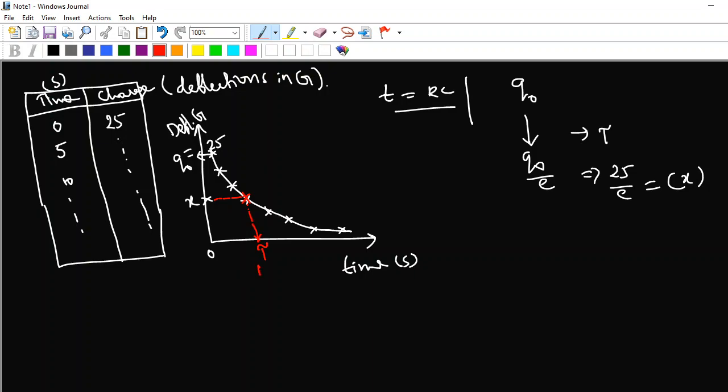For example, here you will get the value. This is the time constant measured experimentally.